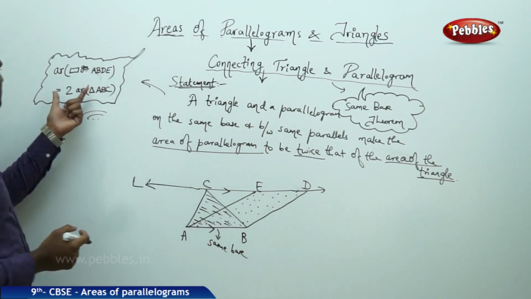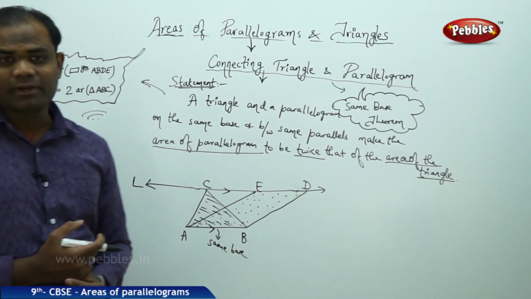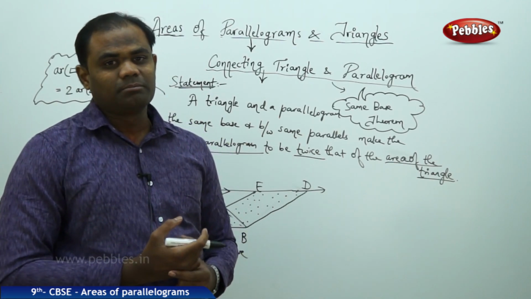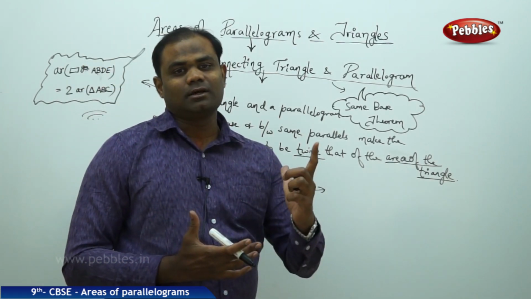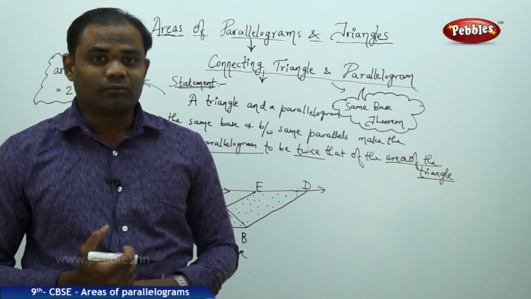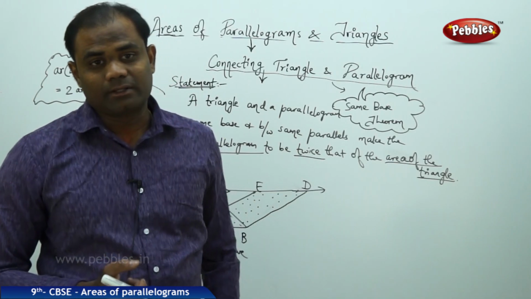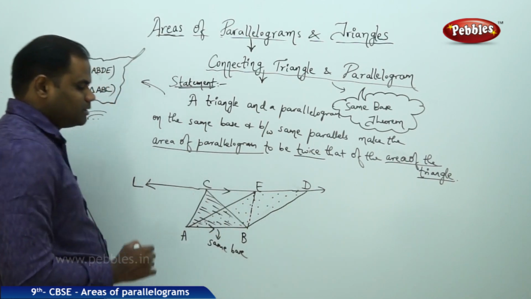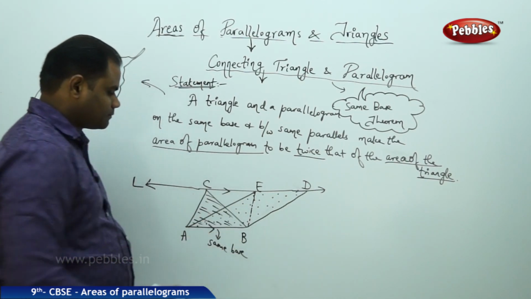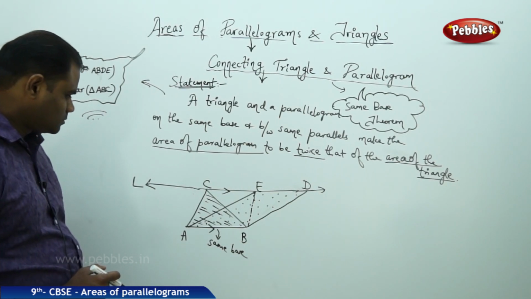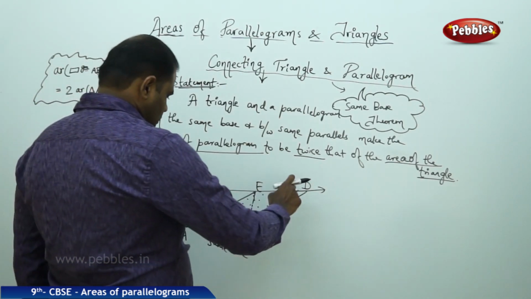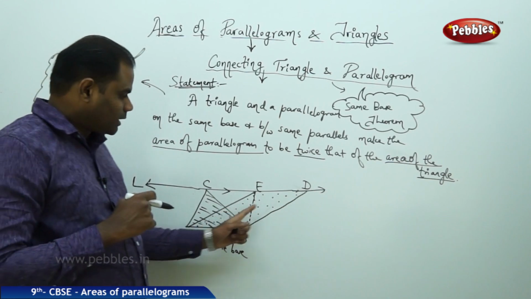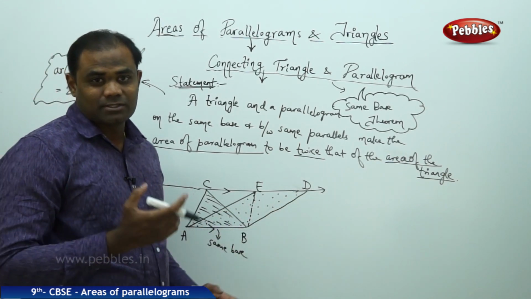Why do you think the area of the parallelogram is twice the area of the triangle? How is the twice of the triangle connected? It's very simple, because a parallelogram is a four-sided figure whose diagonal divides it into two triangles. Say for example, I join the diagonal BE. So here I observe that there are two triangles, and we know that the two triangles are congruent in the case of a parallelogram.